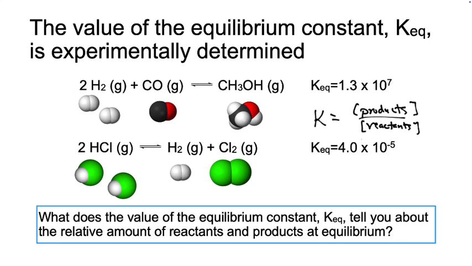So when we're discussing big and small, 1 is our 0 point for K. A number larger than 1 means I have more products than I have reactants. A number smaller than 1 means I have more reactants than I have products. Okay? So if I shift focus away from these wicked, weird-looking numbers and consider where they are relative to 1, that can help me predict these product and reactant systems.